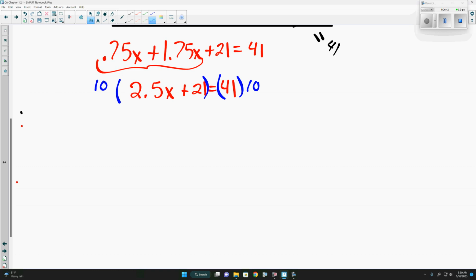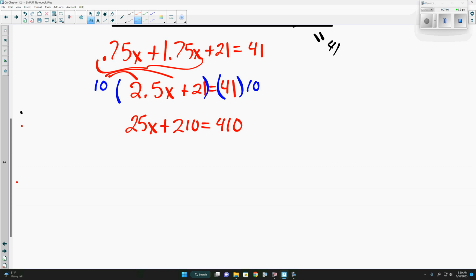Doesn't seem like a big deal, but if we multiply everything by 10, 10 times 2.5 is what? 10 times 21 is? You don't have to, but on some of the problems, this is taking 2.5x plus 21 equals 41.